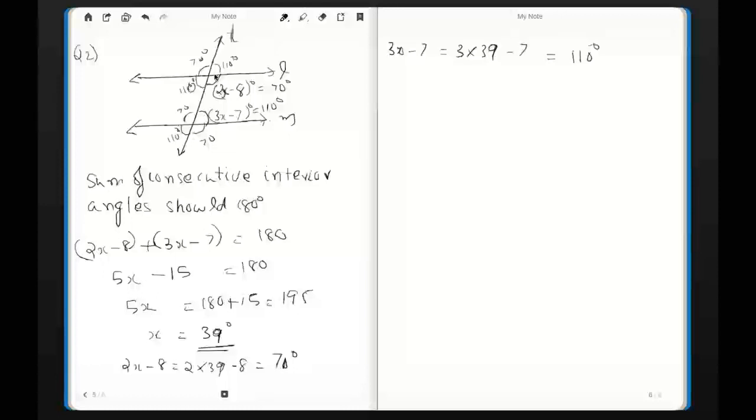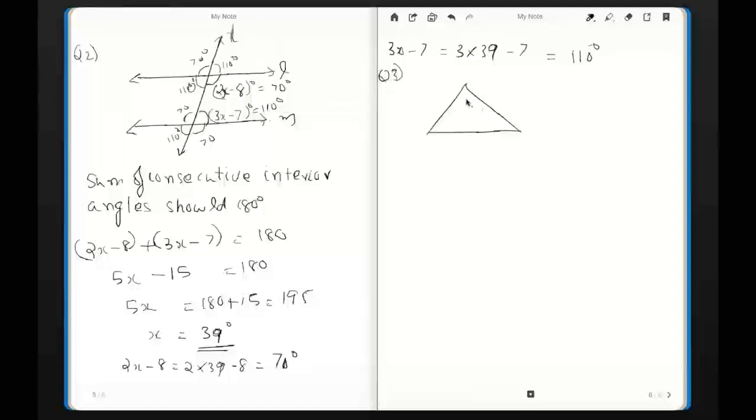Now let us look at this one. Question number 3. Now here we have a triangle. This is a triangle, right?